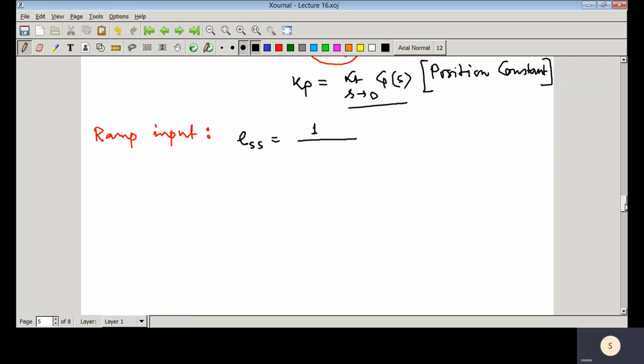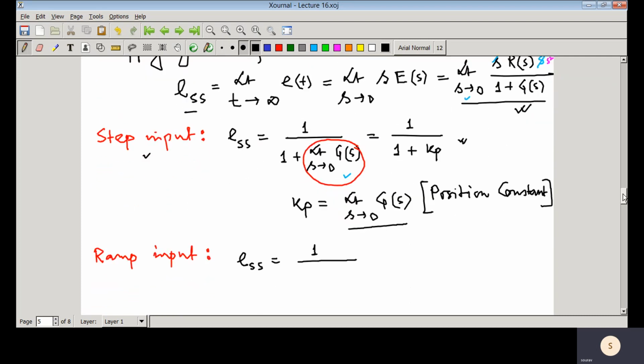So now if it is ramp input, limit s tends to 0 of s times 1 by s square, because it is a unit ramp, divided by 1 plus G(s).